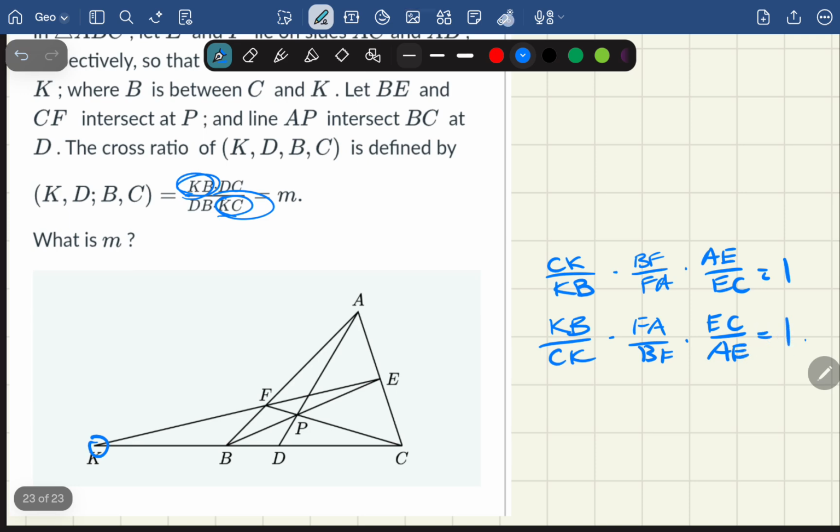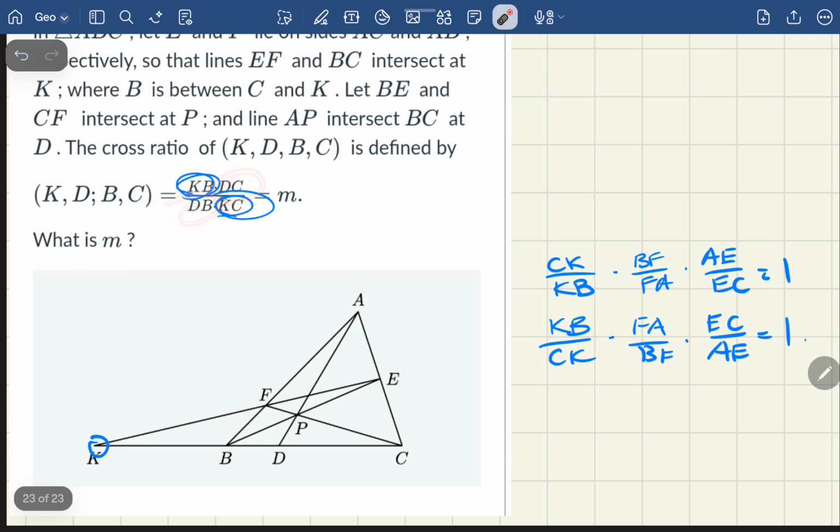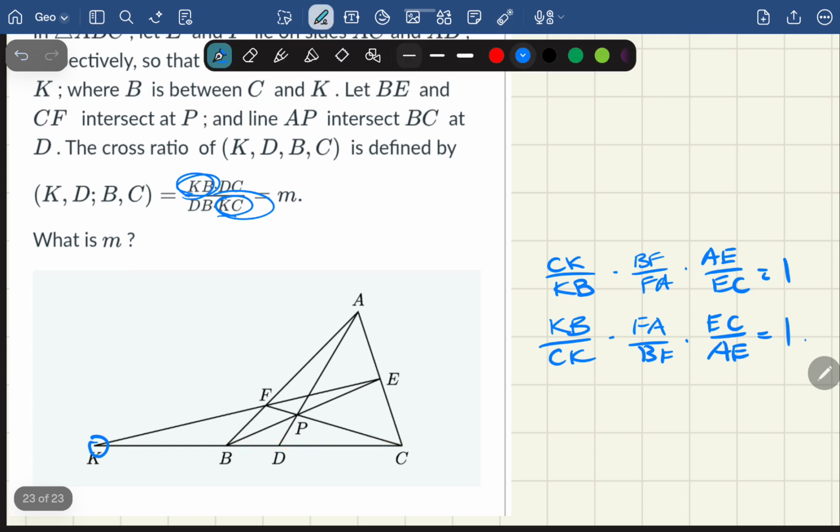And then we also have a DB and a DC here. So that's just using Ceva's theorem. So CD over, maybe we want DB on top. So BD over DC times CE over EA times AF over FB is equal to 1.